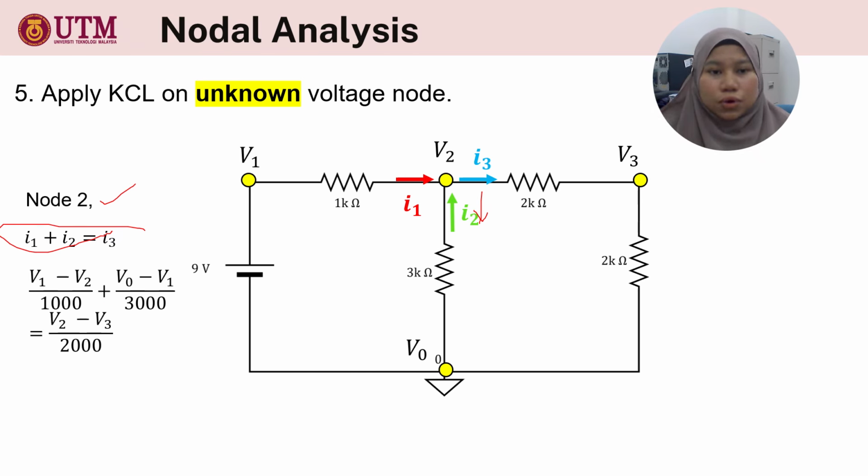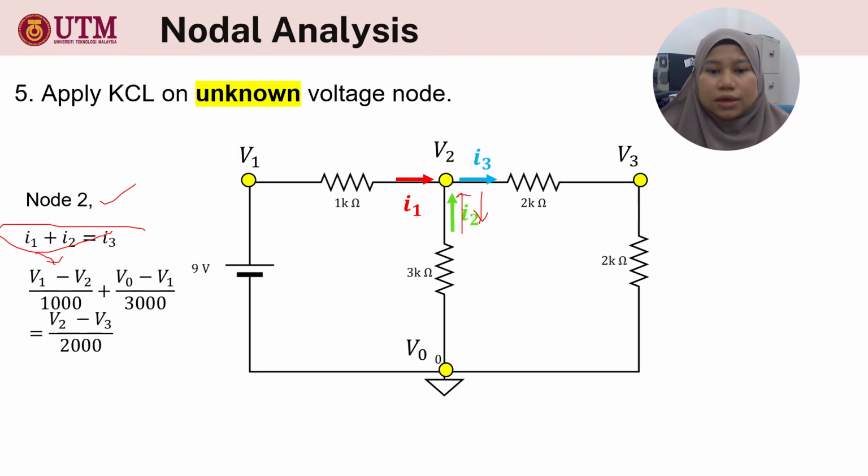So the equation will be, because of the direction of the current like this, V1 minus V2 divided by 1000. This is I1. How about I2? I2's direction is like this. So V0 minus V1 divided by 3000.